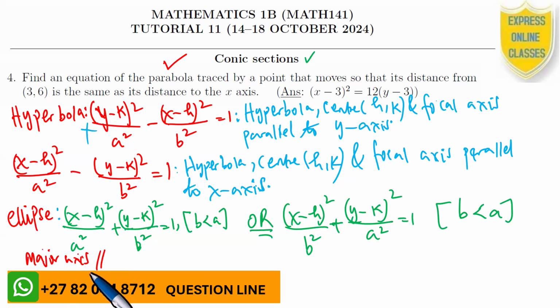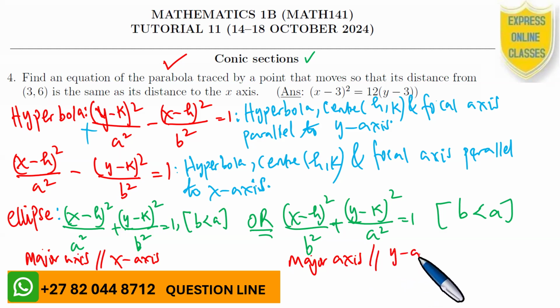Major axis parallel to the x-axis, because here the x is associated with the biggest one. Here the major axis is parallel to the y-axis. Because the y has the biggest a, the major axis is parallel to the y-axis.